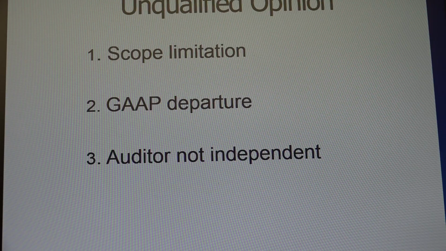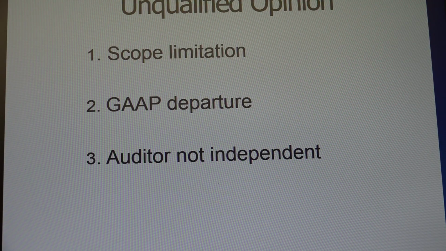I guess the one, and we'll talk about this in a future chapter, there might be an instance where when you're doing your due diligence before accepting employment of this audit client you believe you are independent, and then at some subsequent date to the audit you find out you're not independent.